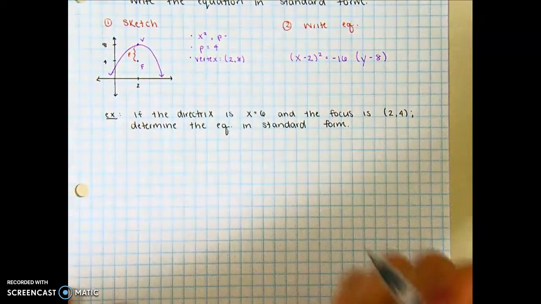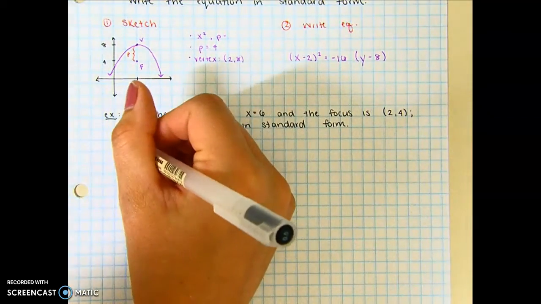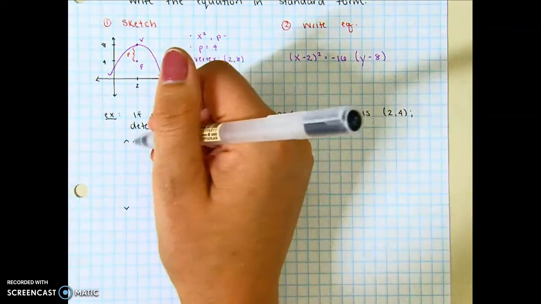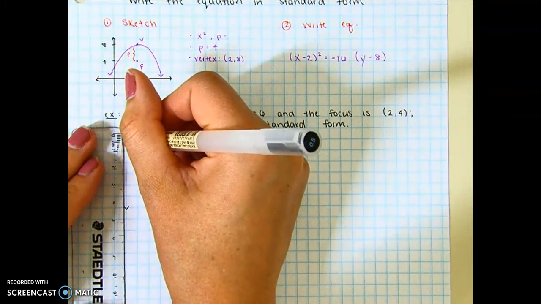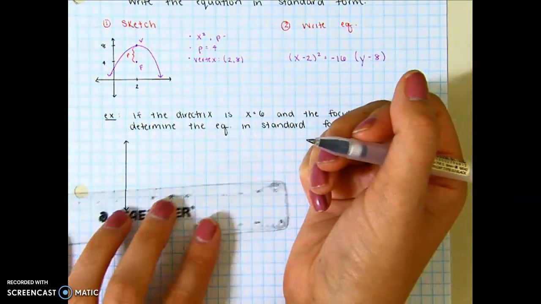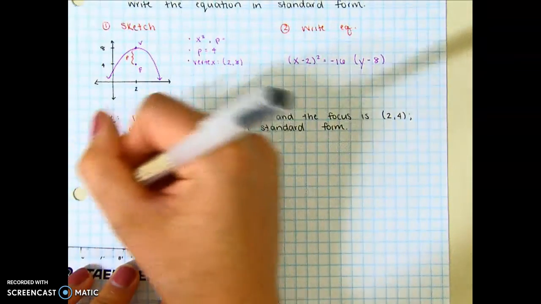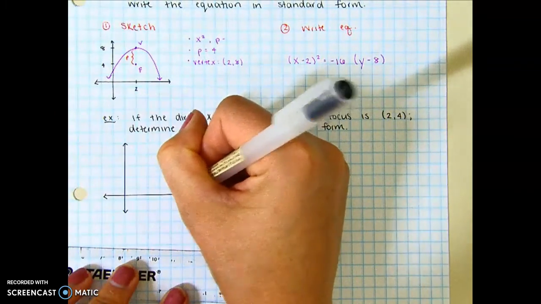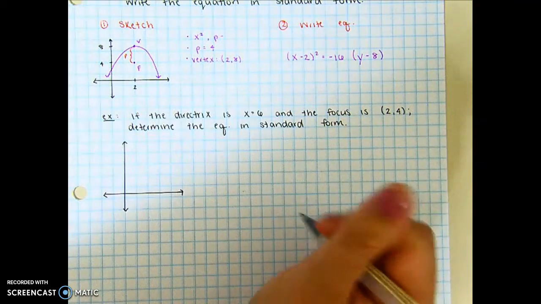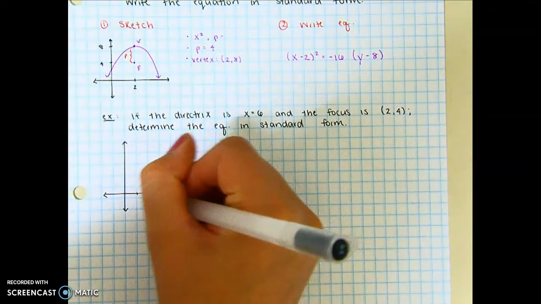So for my sketch, again, we're going to be in the first quadrant. This is just a coincidence. It's not always going to play out that way. But I'm going to make a little coordinate plane again, just to help me visualize. Alright, so I need x equals 6. I'm going to have to go up to 6, and I have 2. So I'm going to do 2, 4, 6 here.